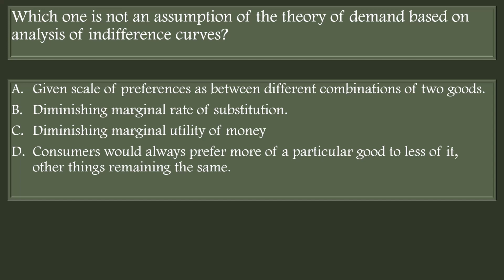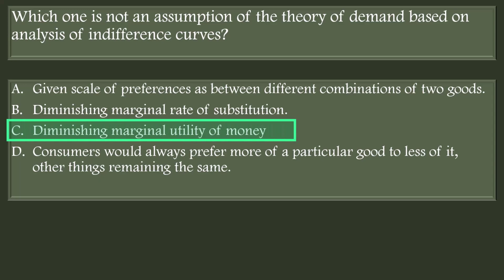C. Diminishing marginal utility of money. D. Consumers would always prefer more of a particular good to less of it, other things remaining the same. Indifference curve analysis does not make any assumptions regarding utility of money. Correct choice is option C.